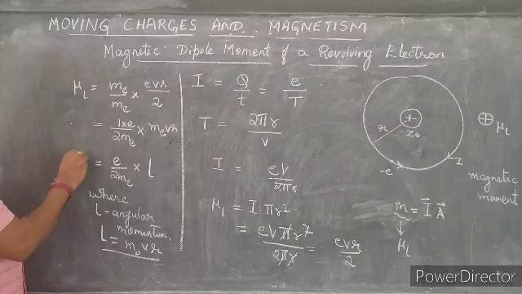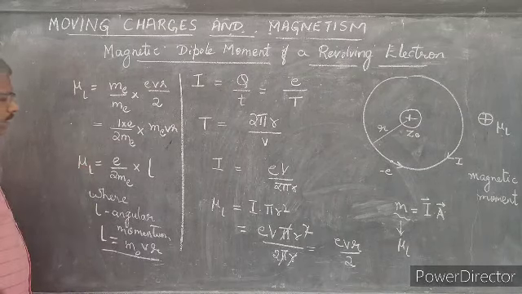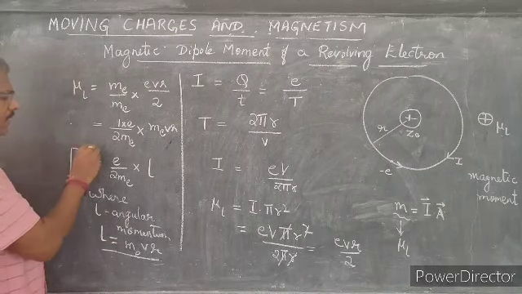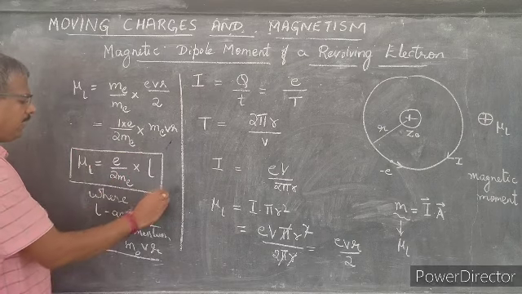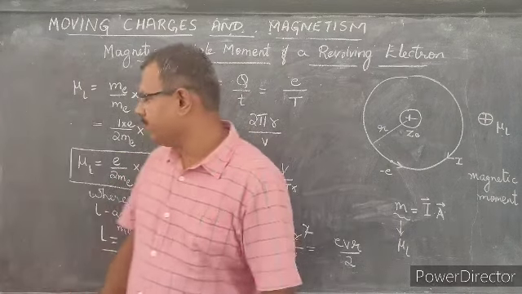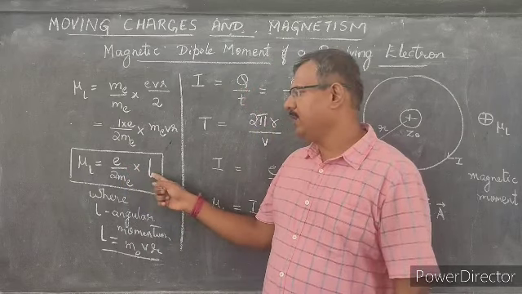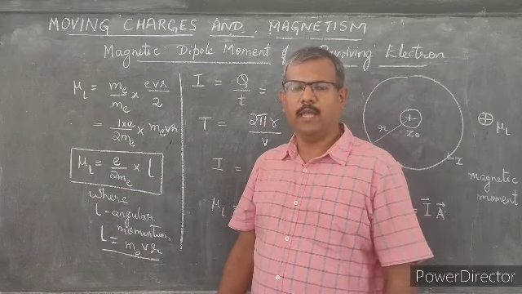So my expression now becomes mu L is equal to e into L by 2me.